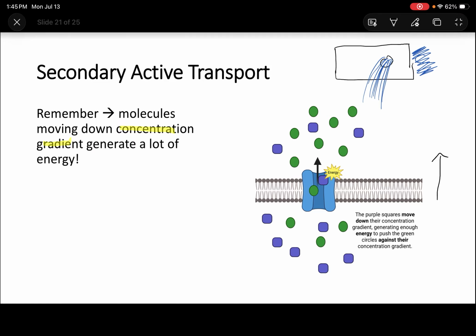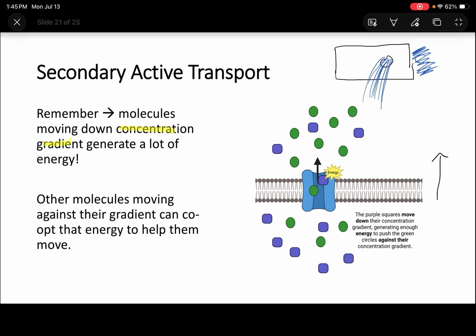There's this green molecule here and it has lower concentration inside than outside. So the green wants to move against its concentration gradient. And so what happens is we can couple these two things together. The movement of the purple molecules down their concentration gradient is going to provide the energy necessary to move the green molecules against their concentration gradient.